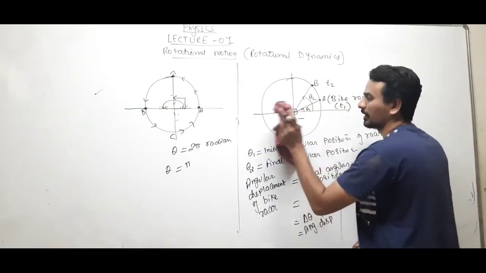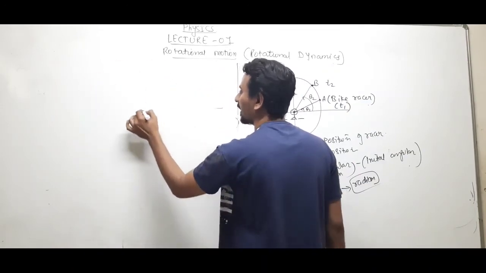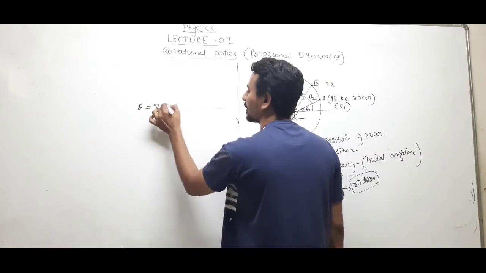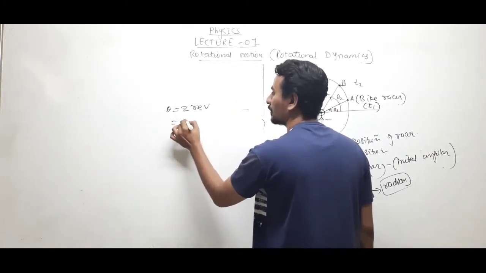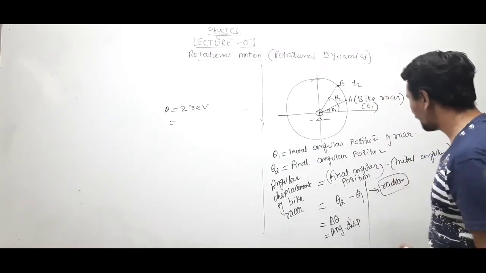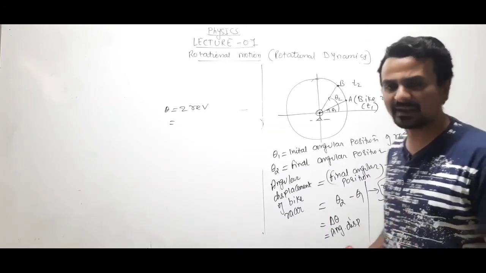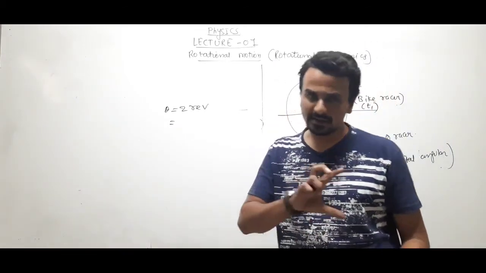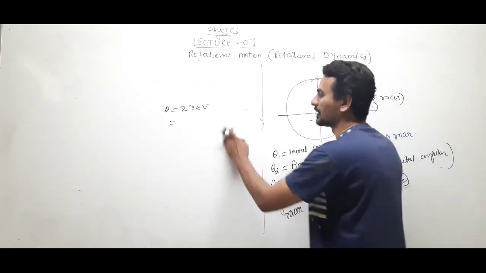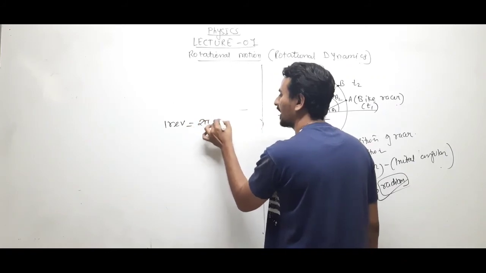Second thing, if in a question a particle is given to have an angular displacement of 2 revolutions, then you will have to convert this into radian, right? The unit of angular displacement is radian. We can specify the unit in revolution or rotation, but this is the conversion: 1 revolution is equal to 2 pi radian.